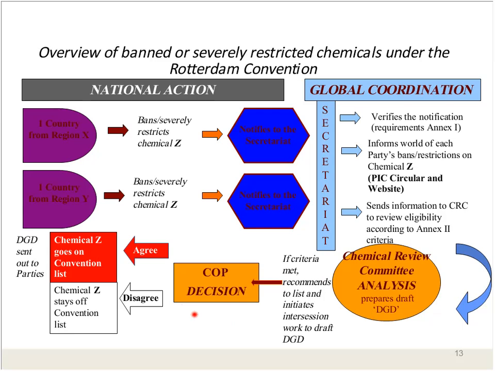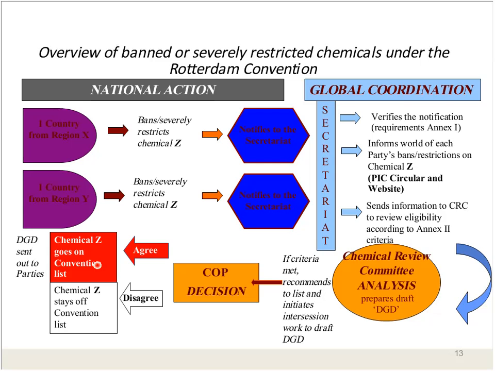Then the Conference of the Parties may agree or disagree, and if it agrees, it also considers the DGD, the decision guidance documents that the Chemical Review Committee would have prepared, and the prior informed consent procedure is triggered because the chemical is listed under the Rotterdam Convention.